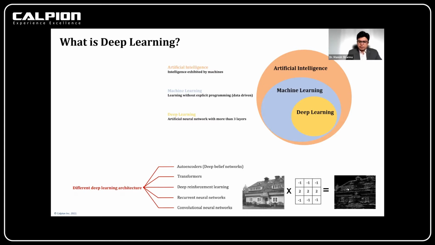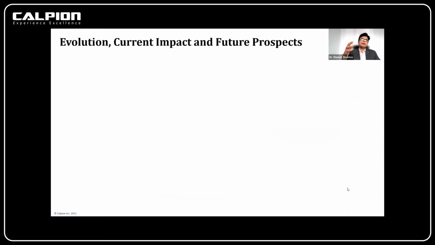Very correct. Back in 2006 to 2011, when I was doing my undergraduation, deep learning wasn't a very trivial word to hear at that time, and it's the right time to discuss why deep learning has become important in the past 1 to 2 decades, one and a half decades.